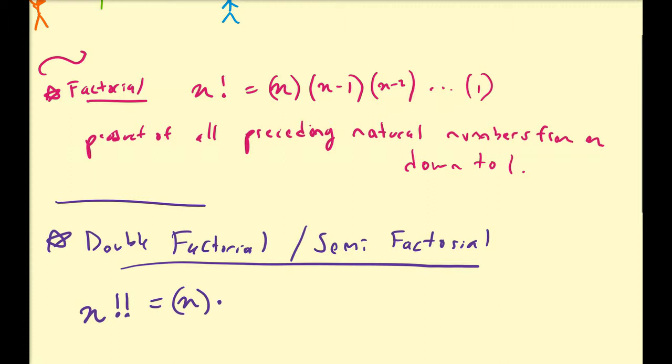So instead of n times n minus 1, this is going to be n times n minus 2, then times n minus 4, all the way down to some number bigger than or equal to 1. If we end at 1, then that's the last factor. But if we take 2 steps down and we get 0, that means we should have stopped at 2.